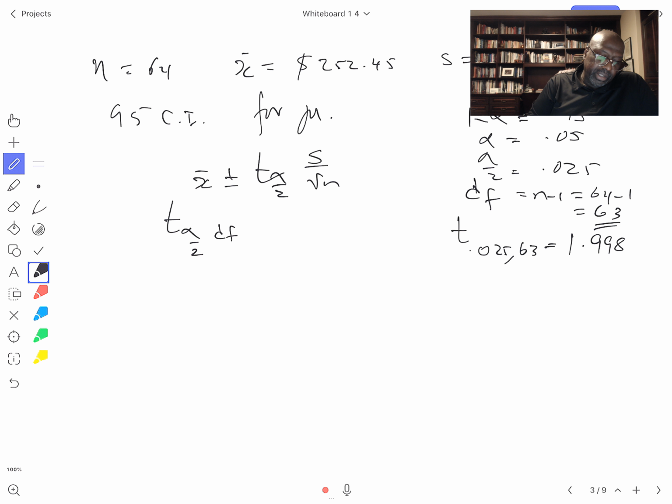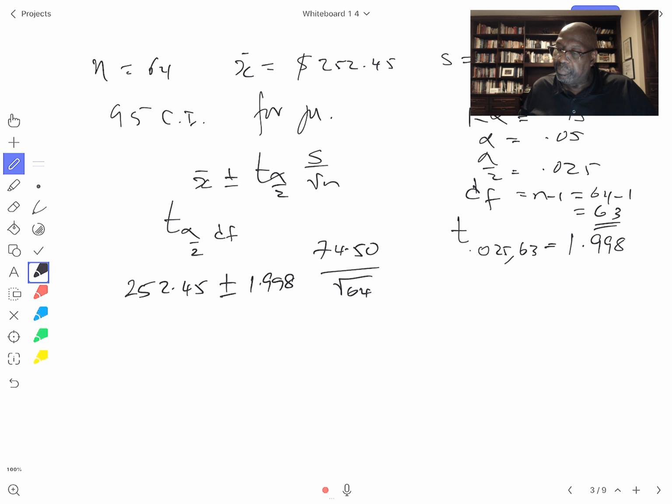So our confidence interval would be 252.45 plus or minus 1.998 times s, which is 74.50 over the square root of 64, which gives us a margin of error of 18.61. So 252.45 plus or minus a margin of error of 18.61.